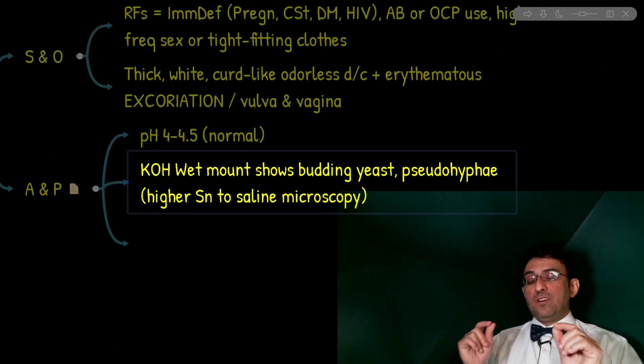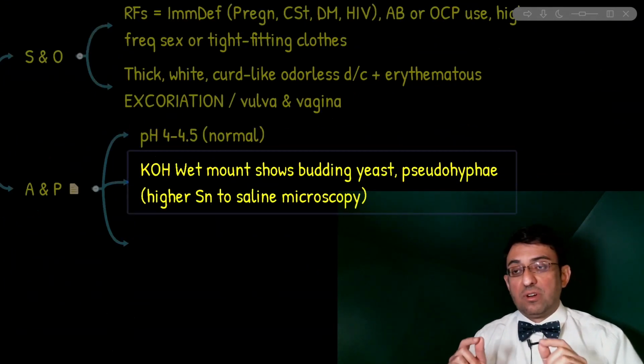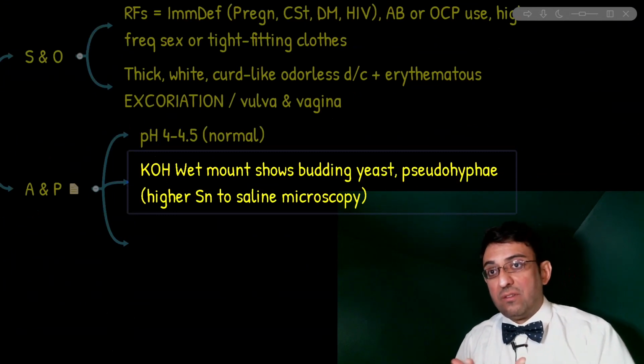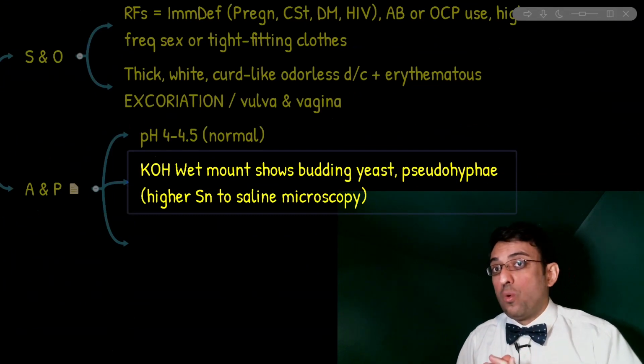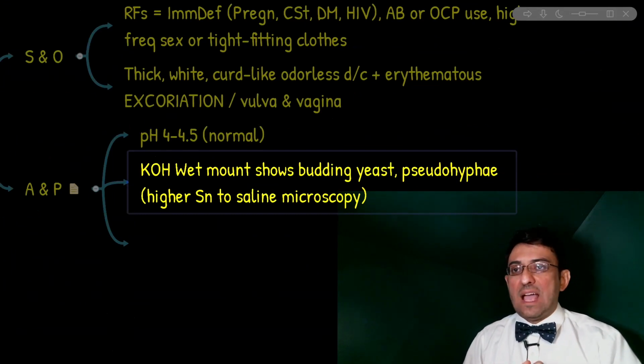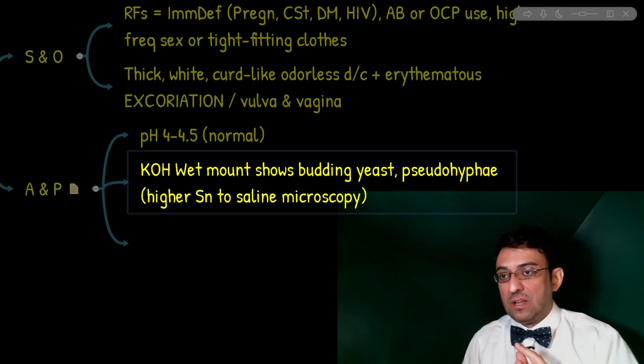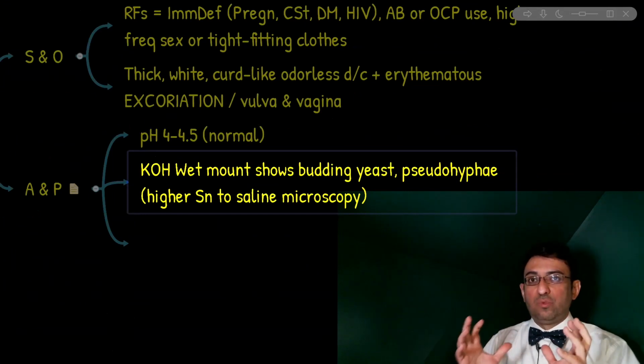Now, when it comes to wet mount or KOH office tests of vaginitis, we have saline wet mount, we have KOH wet mount, and we have the whiff test. What's the difference is what matters.